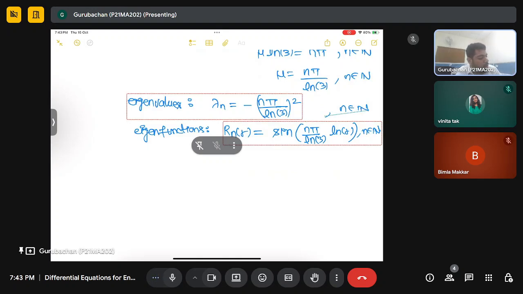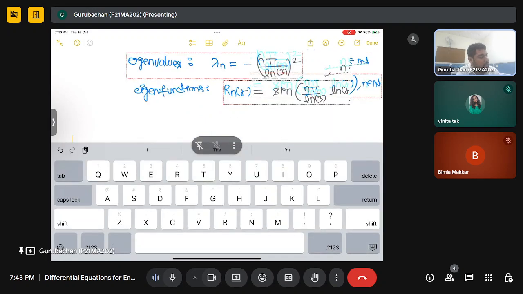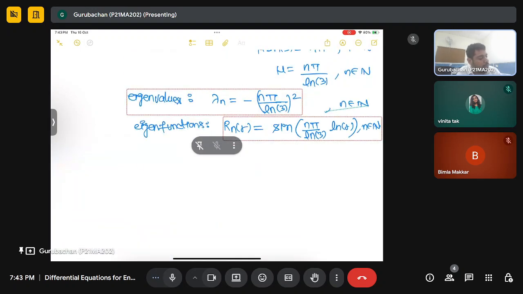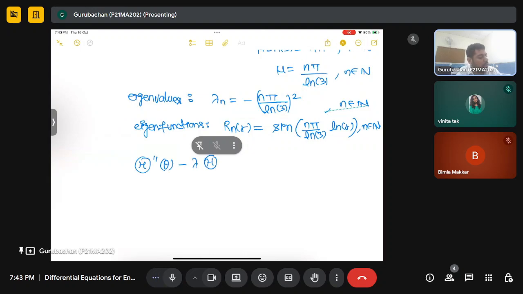Now the other case is theta double dash of theta minus lambda times theta is 0.